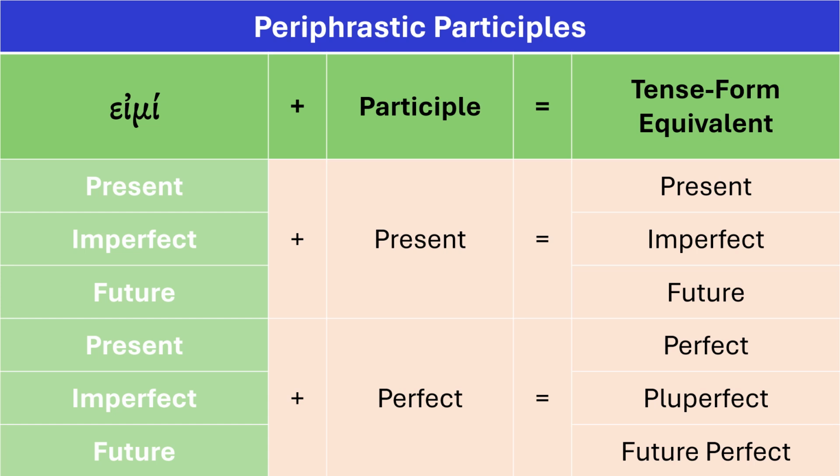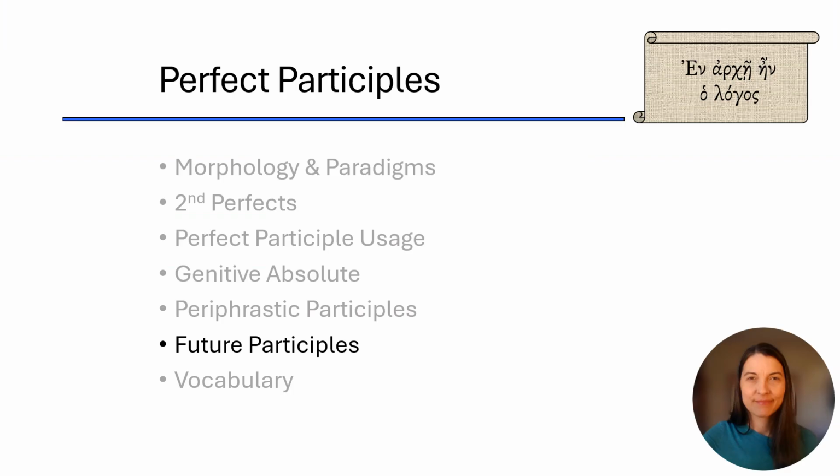When you add the perfect, you are going to basically be doing the same thing, but changing it to the perfect. So you will take the eimi present and make it into a regular perfect. You'll take the eimi imperfect, and with a perfect participle, it will become a pluperfect. And with the future eimi plus a perfect, you'll have the future perfect.